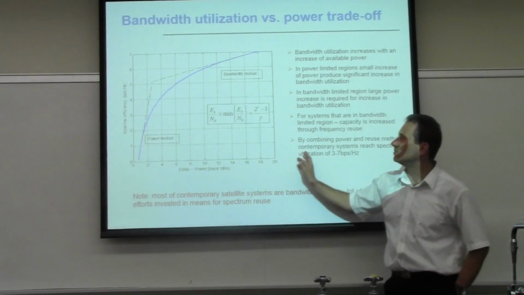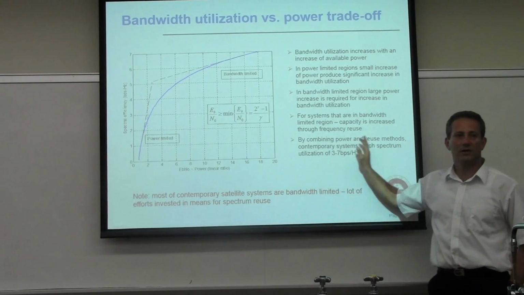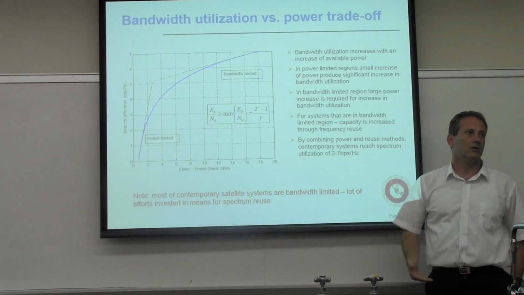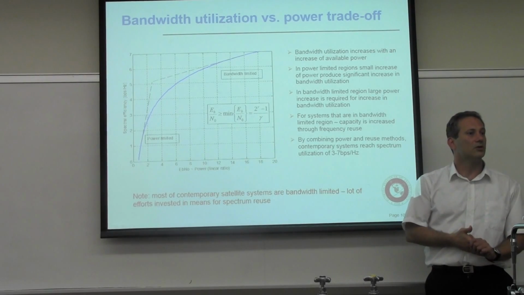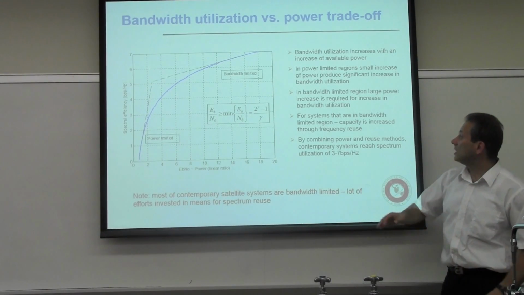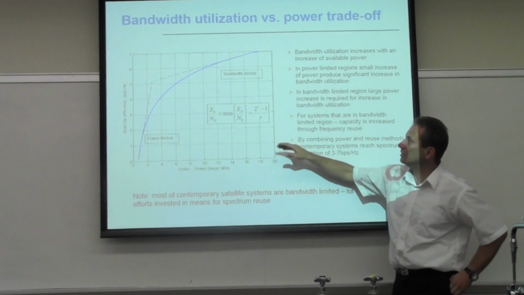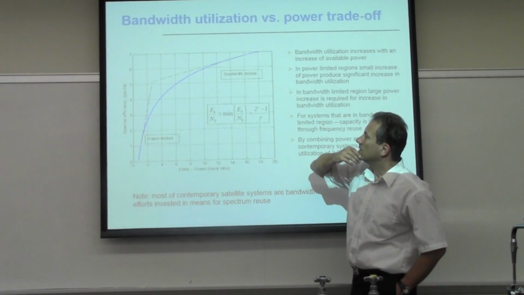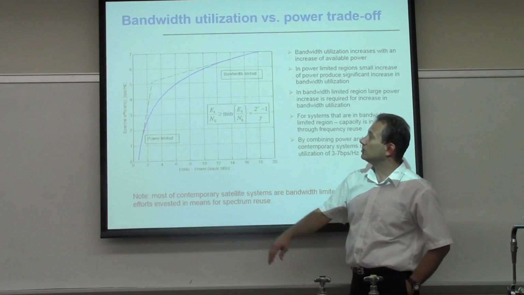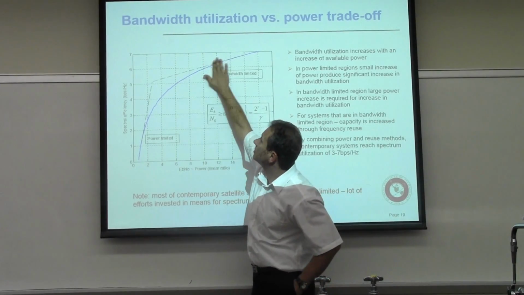And the situation becomes even more difficult as you move over to the right. Progressively, it becomes harder and harder to increase the spectral efficiency. Contemporary systems that we have in use today, depending on whether they're new or old, but all the newer systems are in this portion of the curve.